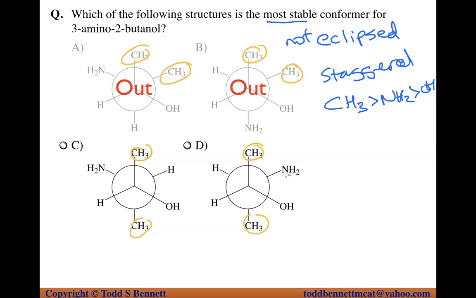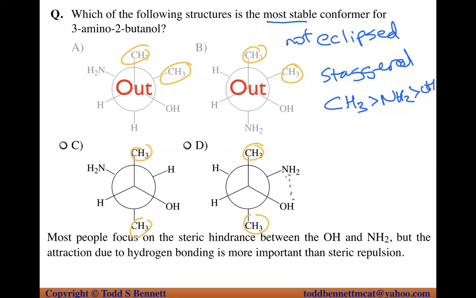So the lone pair on N can form an H bond to an OH. If they're far apart, it can't happen. If they're nearby, it can. So attractive forces, like hydrogen bonding, are usually anywhere from 4 to 8 kcals per mole. Gauche interactions are rarely above 2. So even though this is gauche, also a bit of extra energy for gauche, the H bonding makes up for it.